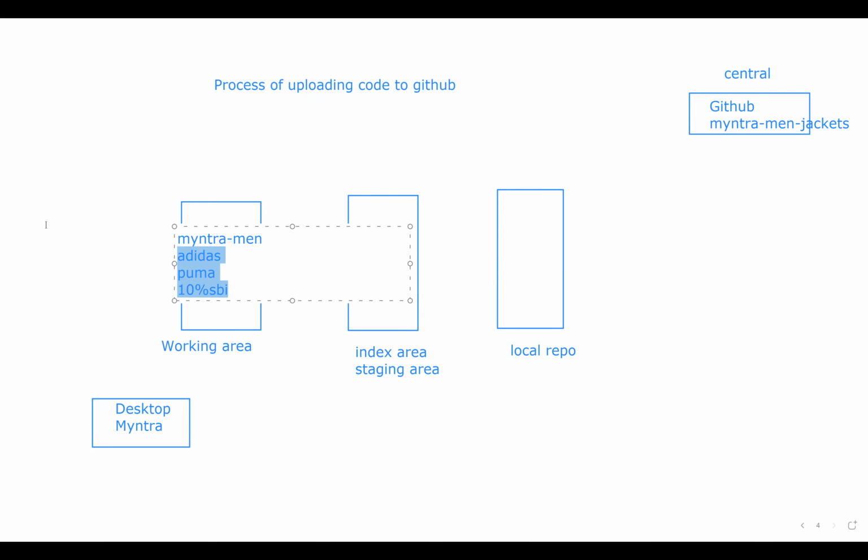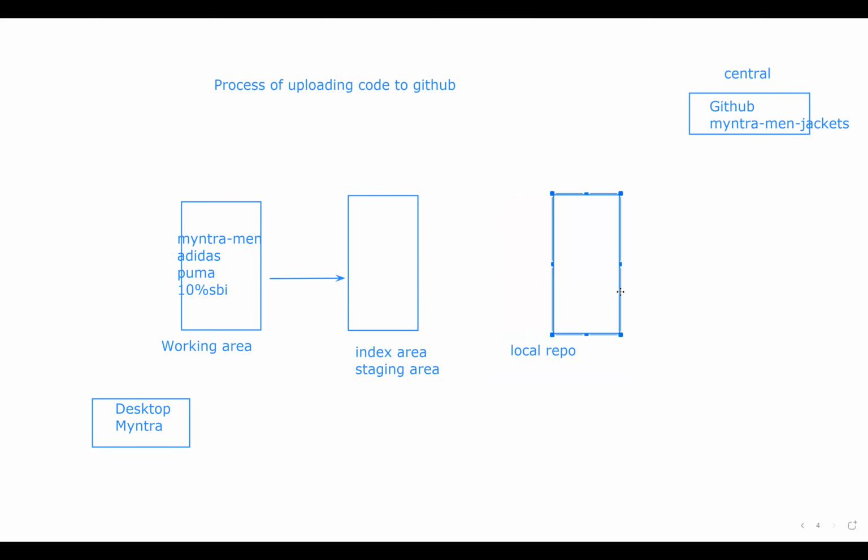Next. Initially, it will be a little confusing, but if you understand the flow, everything will be good. Once your working area is done, you have to move these files from one stage to another stage.